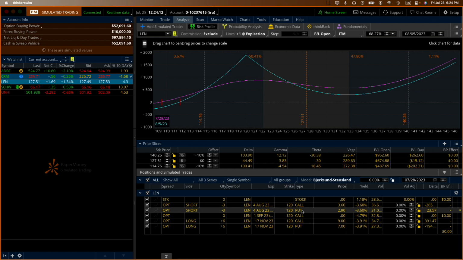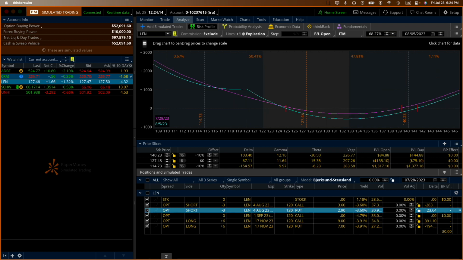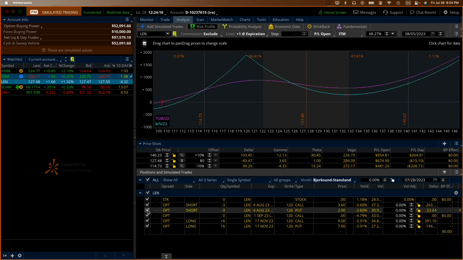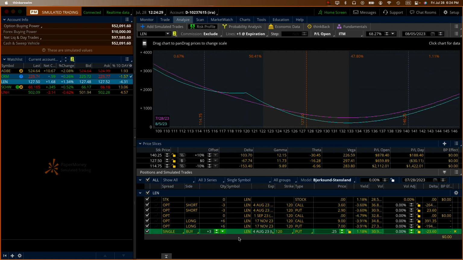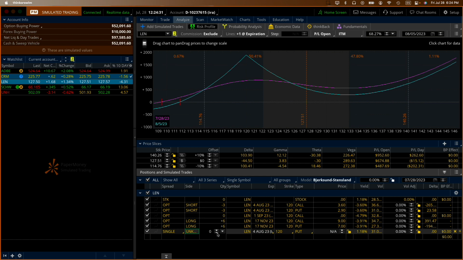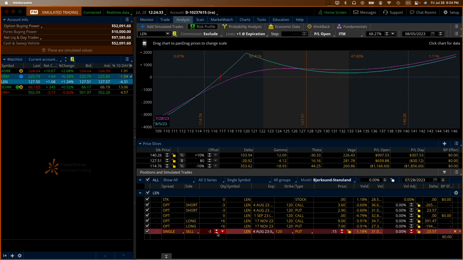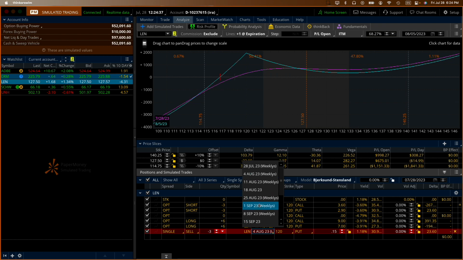As far as the put side, this one here should expire worthless next week. So what we would do, as we approach expiration, is sell 3 of the September 1st puts.